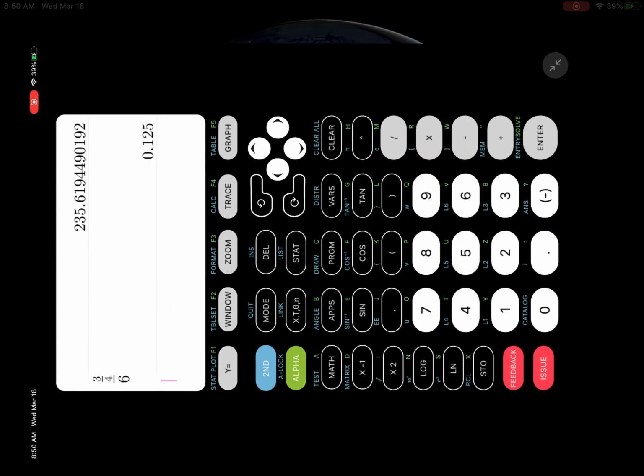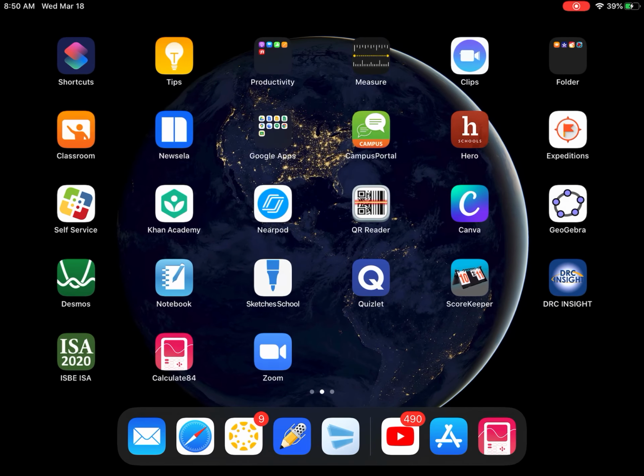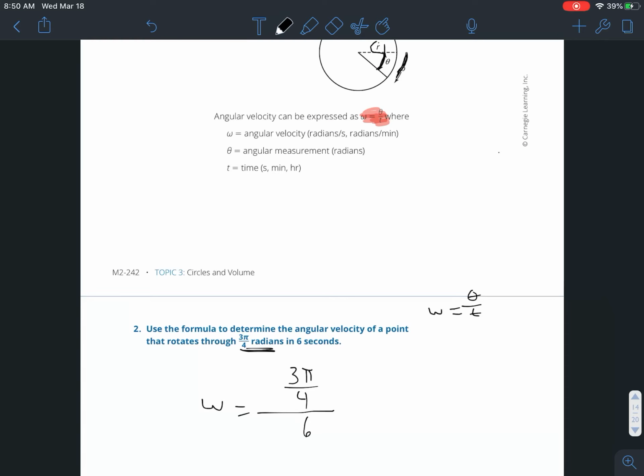Okay, so we're going to go back to our problem here. We know this reduces to 1 over 8, and we have to leave pi at the top.